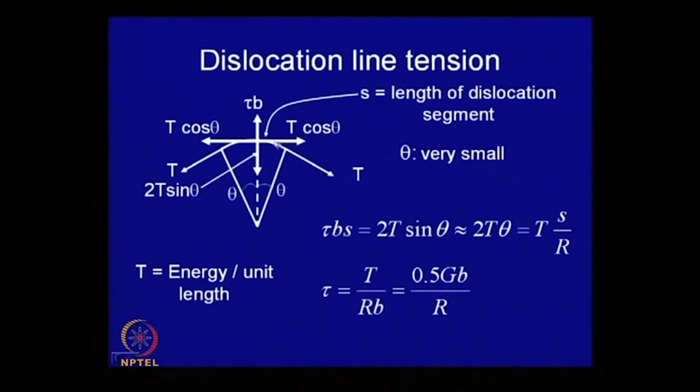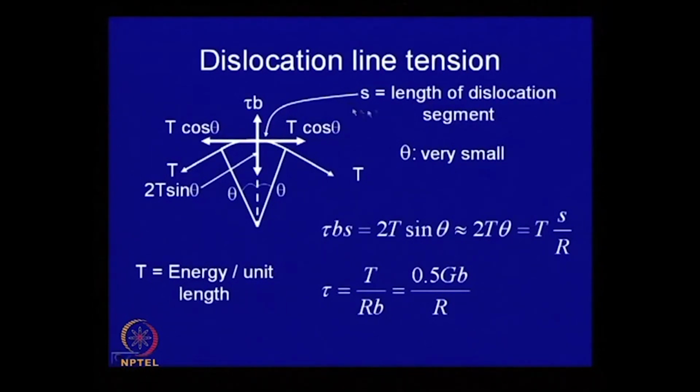So, you have a horizontal component acting in this direction and a horizontal component acting in the opposite direction, and both are equal and opposite, so they cancel out. The net force on the curved dislocation because of line tension will act along this, and its magnitude is equal to 2 T sin theta, and if theta is small, sin theta is equal to theta. So, this restoring force is equal to 2 T theta, whereas the applied force is this.